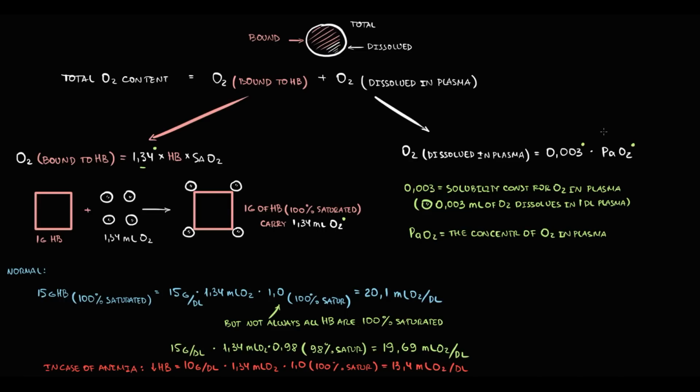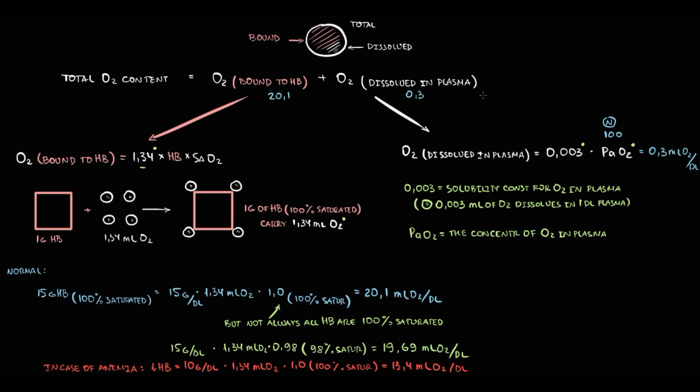So let's take the maximal partial pressure of oxygen, which is 100, and even at this oxygen concentration, the fraction of dissolved oxygen is just 0.3. Compared to 20 ml per deciliter of oxygen bound to hemoglobin, this is a very small fraction, which means that most oxygen is carried by hemoglobin.